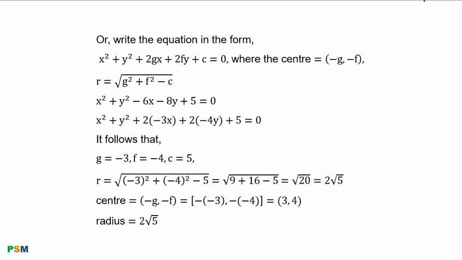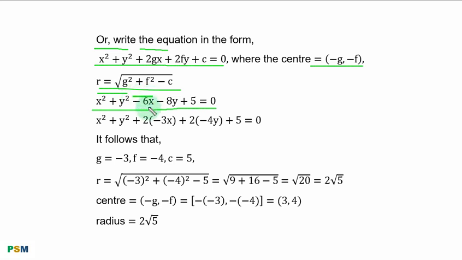Alternatively, in order to find the center and the radius, the given equation can be expressed in this form, where the center is equal to (-g, -f), radius equal to this term. You have the given circle. The first 2 terms are the same. You come here, you compare it with this term.